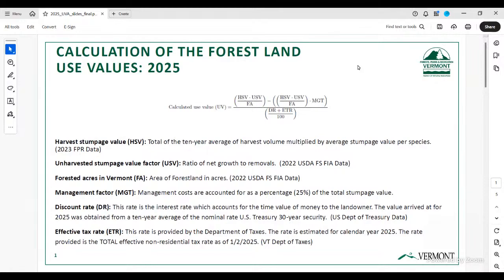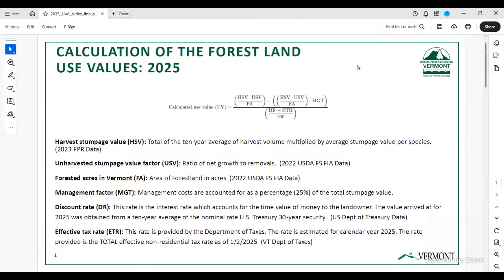And for this year's use value calculation, it uses the 2022 inventory data. The forested acres, so it's the area of forest land in Vermont in acres, again from the Forest Service, and that's 2022 inventory data. The management factor is a constant, so it's the same every year, and it's set at 25%, and it has been in place for at least 20 years.